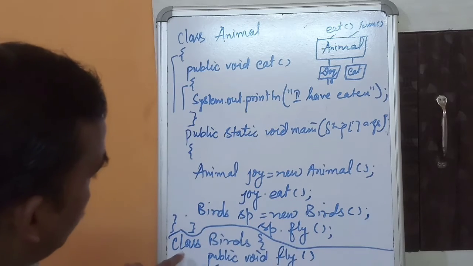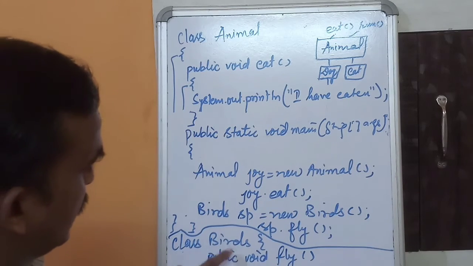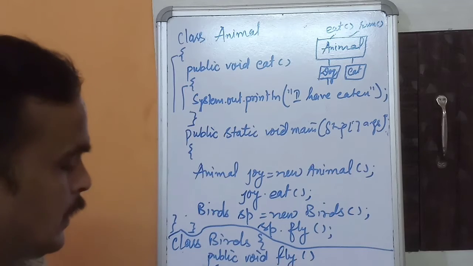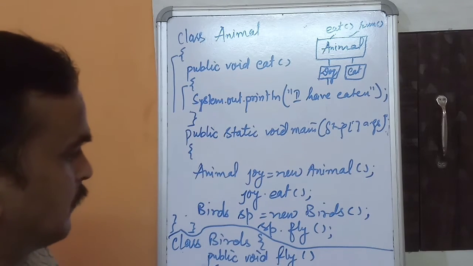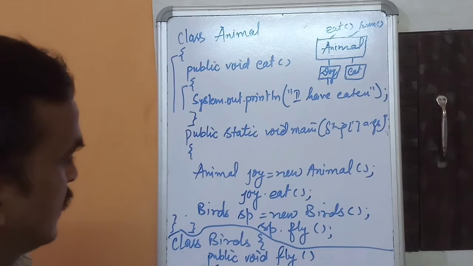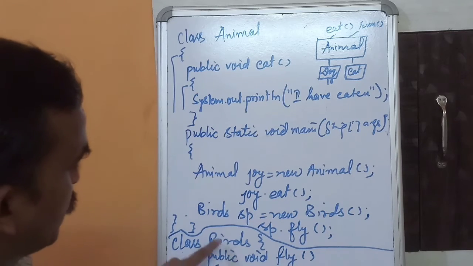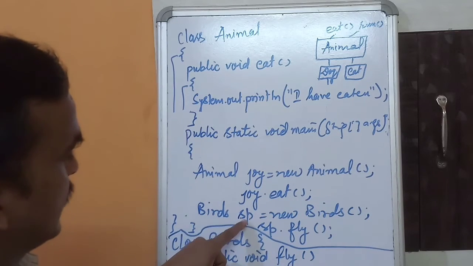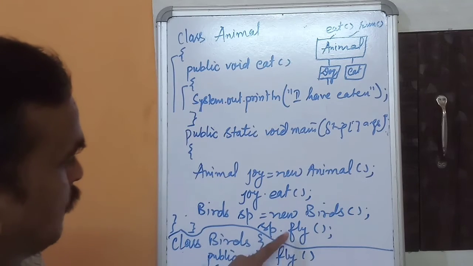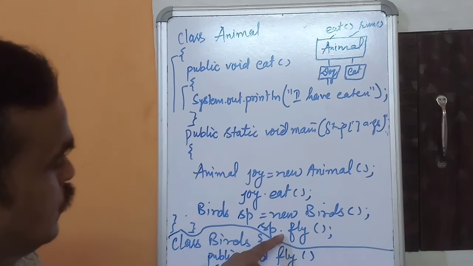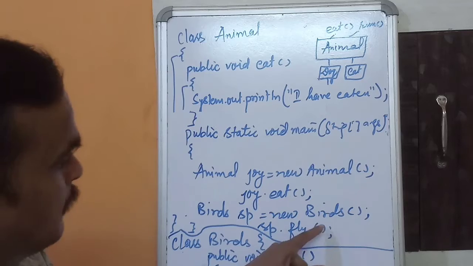Now second, I have another class, that is Birds, in which we have one method, that is fly. In that we have one printing statement, that is Birds are flying. So to access that message we create one object for that class, that is Birds sp. sp is an object equals new Birds. Now sp.fly. So this is the dot operator which is used to access the fly method of this class.